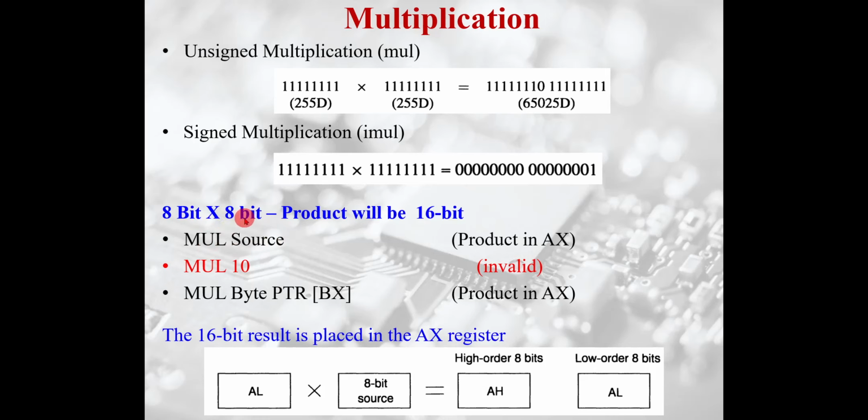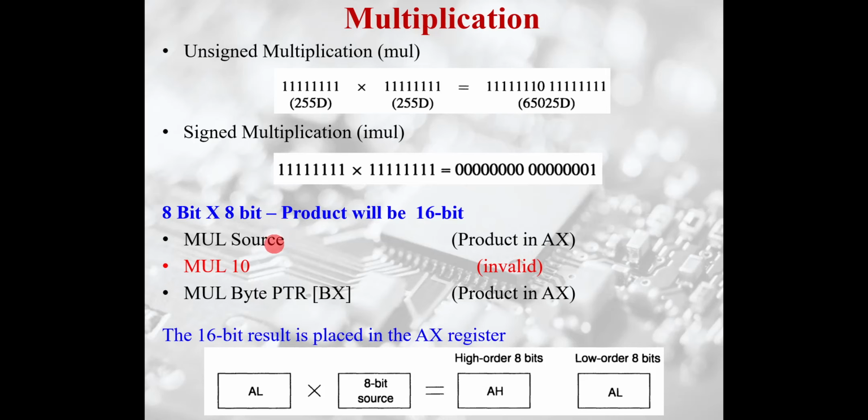Since we are talking about 8-bit into 8-bit, I can write MUL and then the source. This source can be any 8-bit register, like BL or BH, CL, CH, DL, DH and so on.